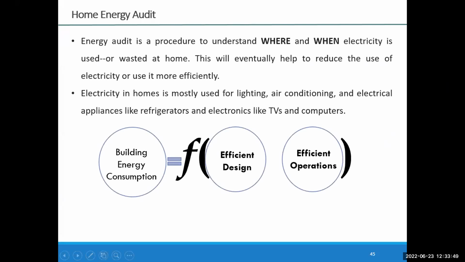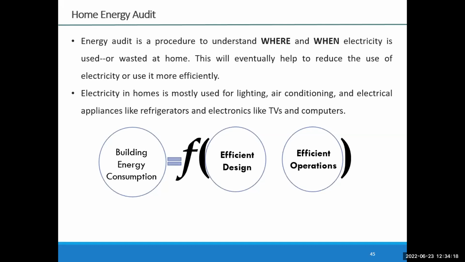What is an energy audit? It is a systematic procedure to understand where, how, and when energy is being utilized. It shows the pattern of energy usage in different facilities like a household, commercial building, or industry.